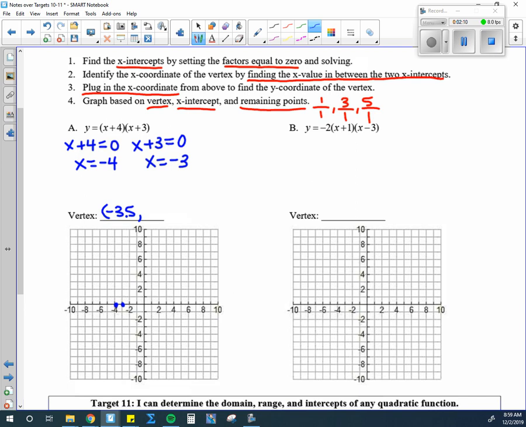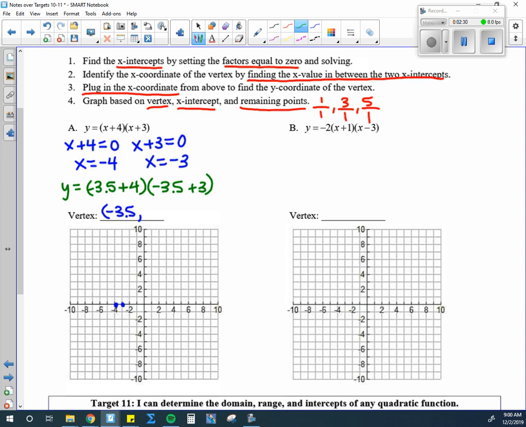Then we're going to take that -3.5 and plug it into our equation for both x's. So I will have -3.5 plus 4 and -3.5 plus 3.